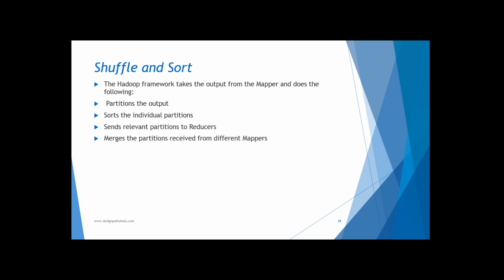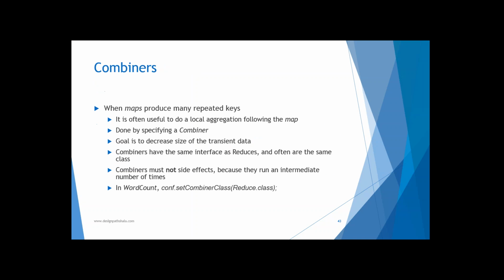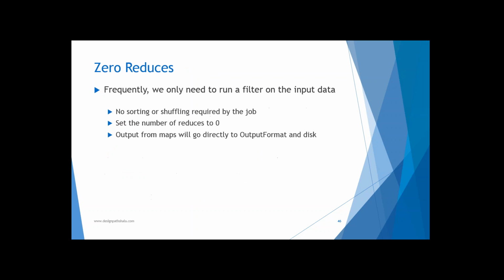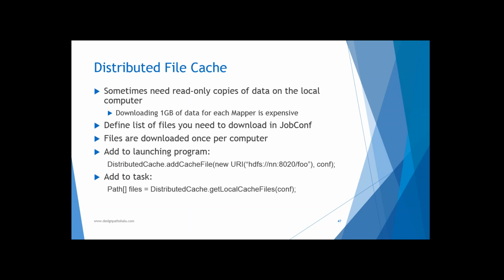You are doing some processing on the input data, some rare case. Theoretically you could have the same key value available in different files for different mappers. Yeah, if that is the input data, definitely it will come out of that mapper output. Yeah, okay. And distributed file cache.